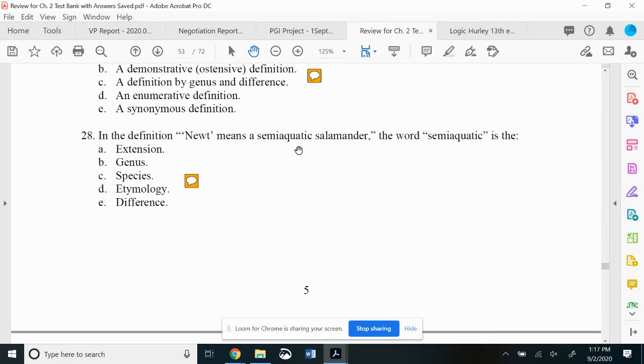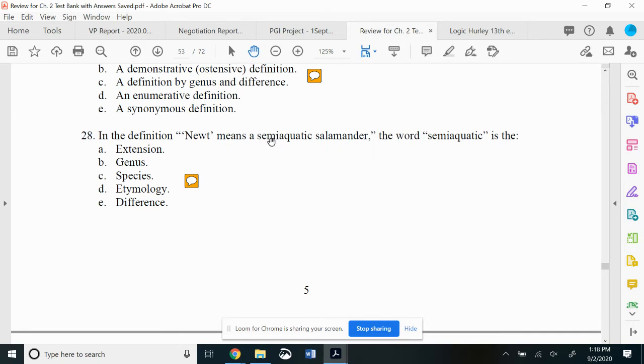It wants to know what semi-aquatic is. So we know we have a salamander. So think about that big circle. Is the salamander on the little circle inside, or is it on the outside? It's on the outside, salamander. What kind of salamander do I have? This little small circle on the inside, newt. And what's a newt? It's a specific type of salamander.